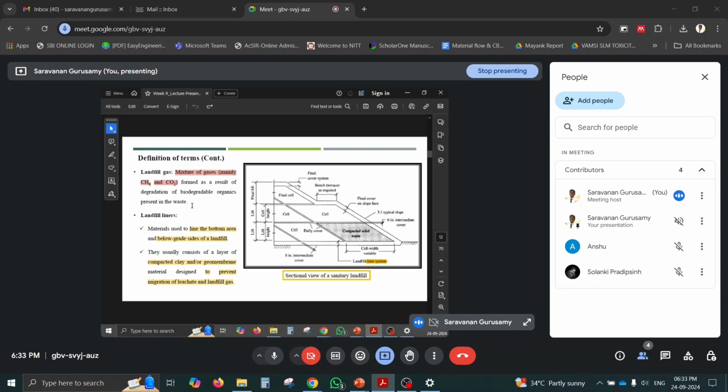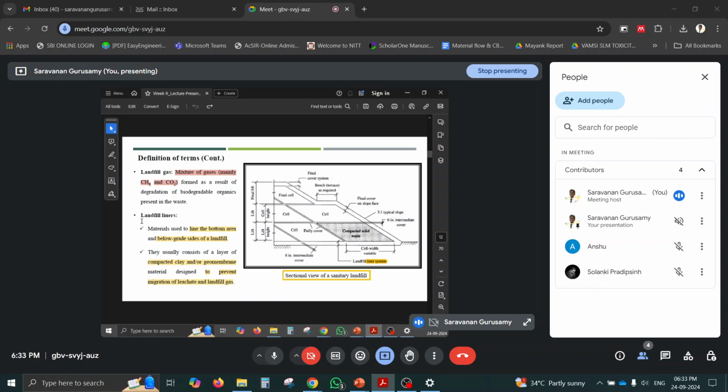So one mole of carbon dioxide has a greenhouse gas potential of 1, and one mole of methane has 24 times more harmful potential compared to carbon dioxide. So this should be avoided. Methane generation should be avoided, and for that, we need to avoid organic matter entering the landfills.